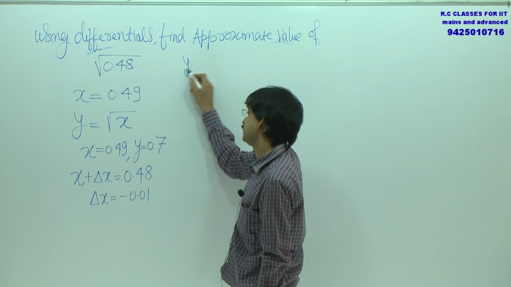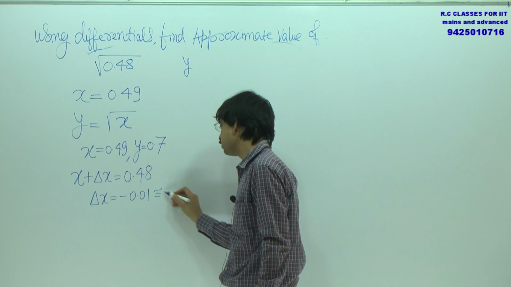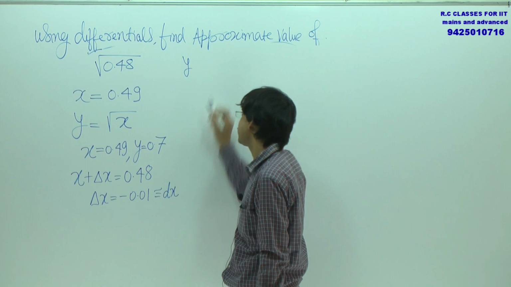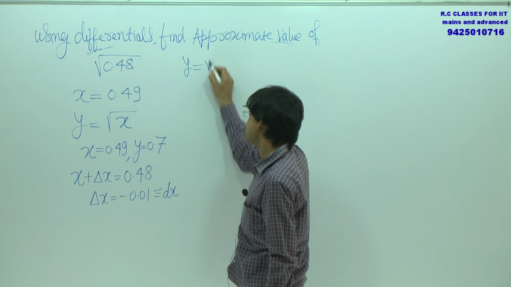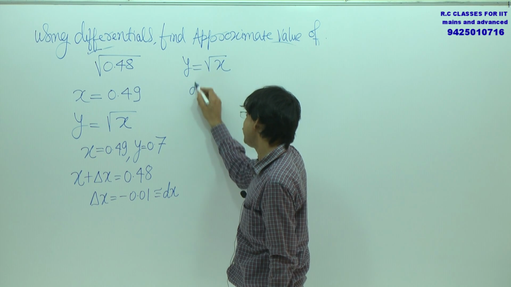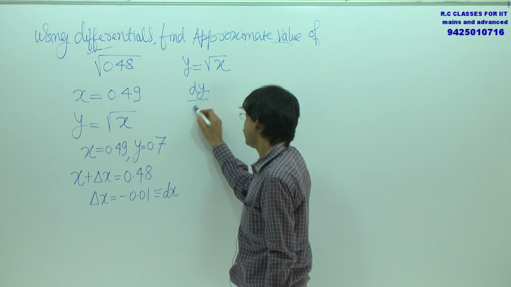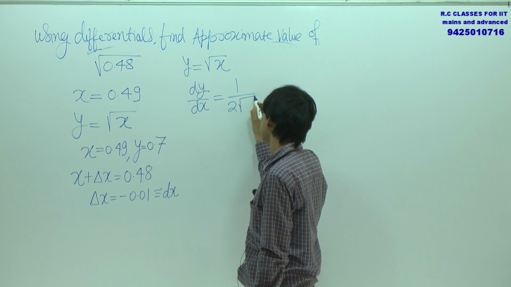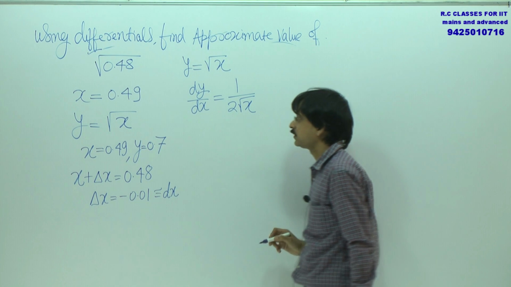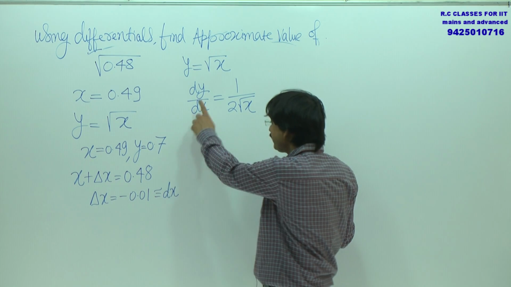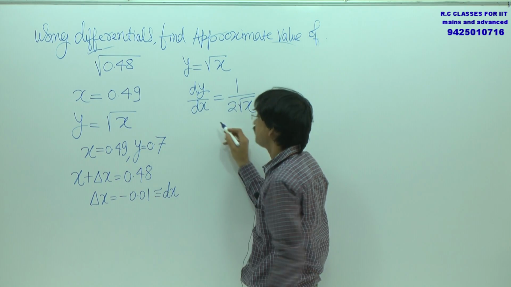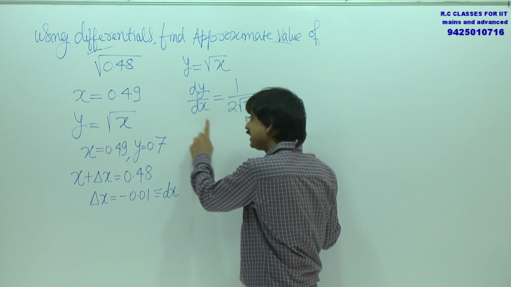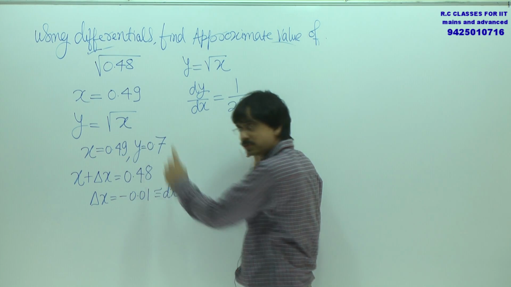Now we take that is clearly equivalent to dx. Now y is equals to root over x. We differentiate that function, dy by dx, that is 1 by 2 root x. So dy by dx is 1 by 2 root x. We want dy by dx at x equals to 0.49.